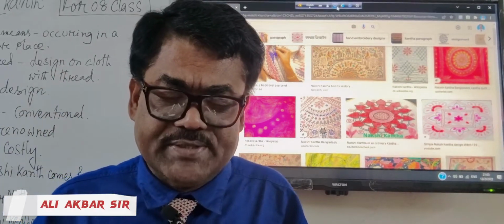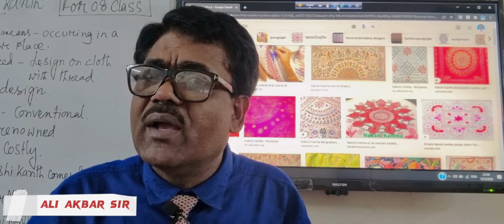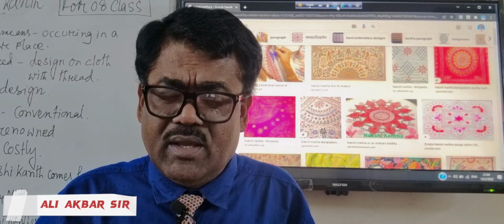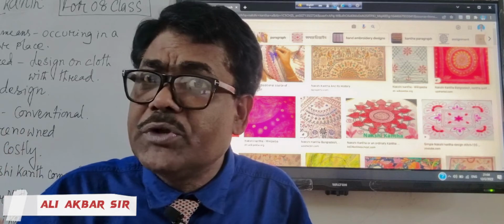Dear students, this Nakshi kantha is used for family purposes, as I have already told you.